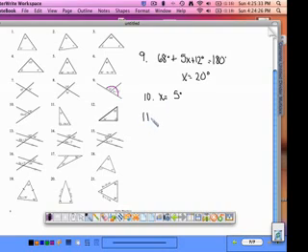In problem 11, we're using the Triangle Sum Theorem again. This time, we have a 90-degree angle marked with this perpendicular marking.